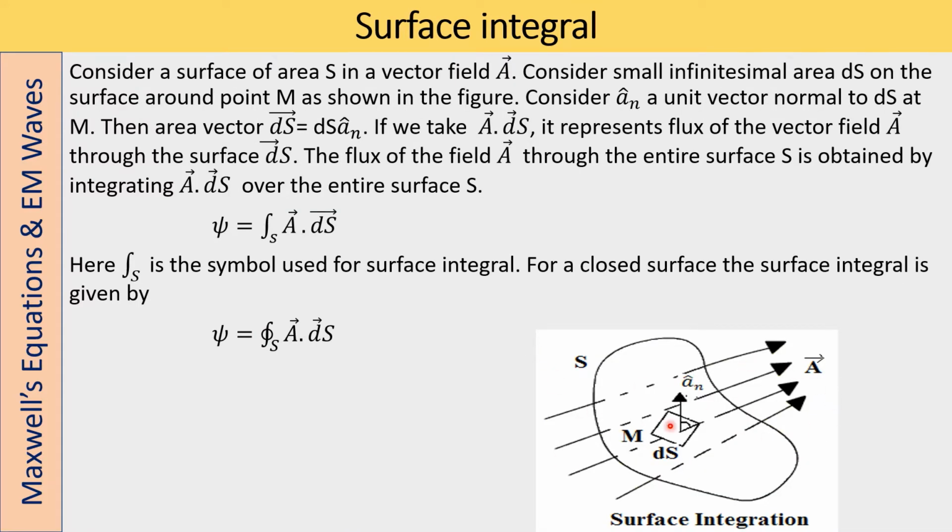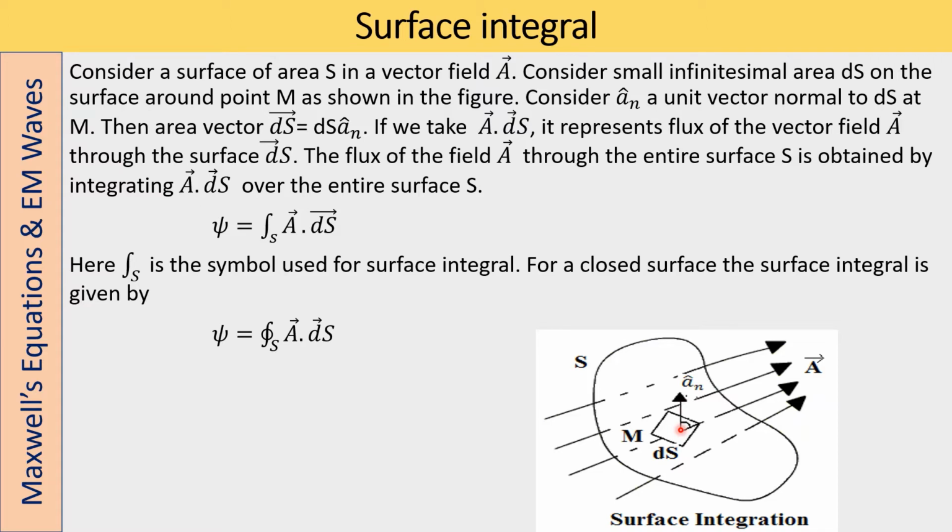Consider a surface of area S in a vector field A. Consider a small infinitesimal area ds on the surface around point M, as shown in the figure. Consider a_n as the unit vector normal to this particular ds at M. Then the area vector ds is equal to ds times a_n. ds represents the area, and a_n hat represents the direction.